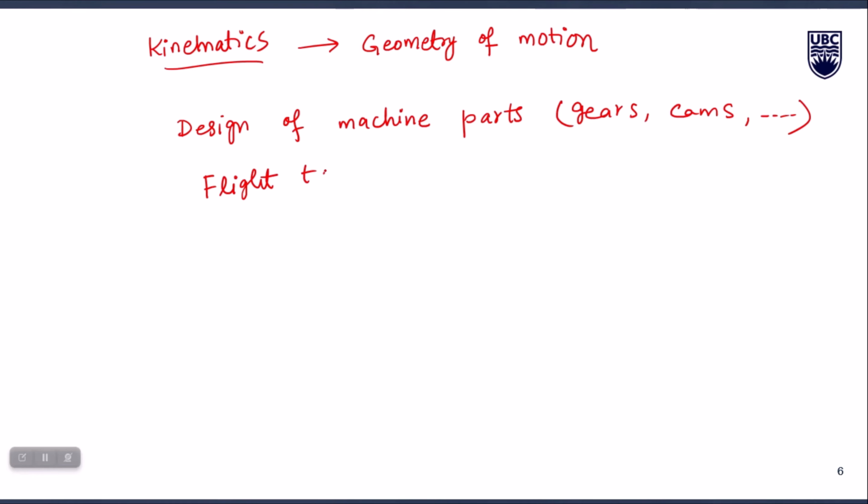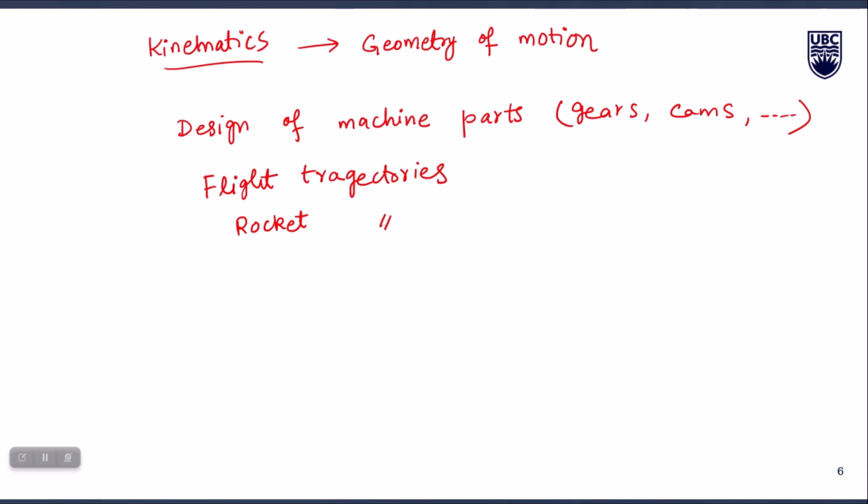So all those calculation problems will be in this category. So it has a big application in determining flight trajectories. Similarly, the rocket movements or rocket trajectories.